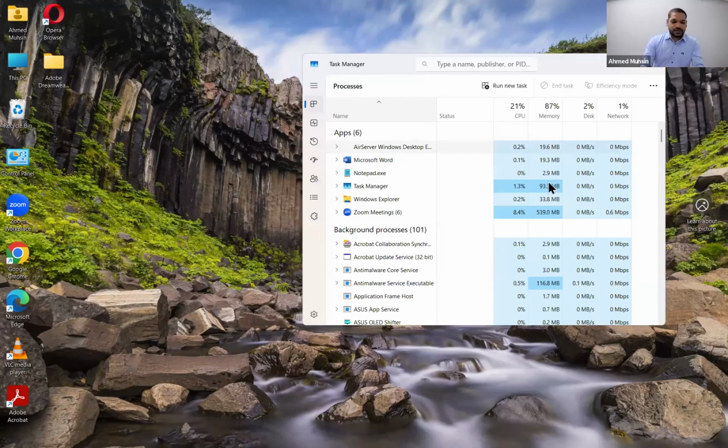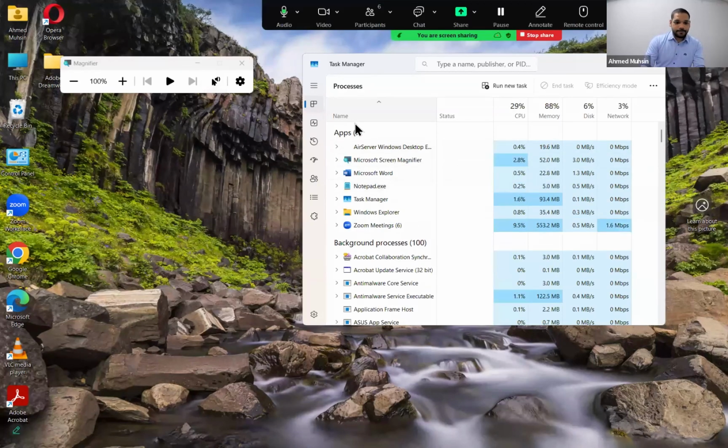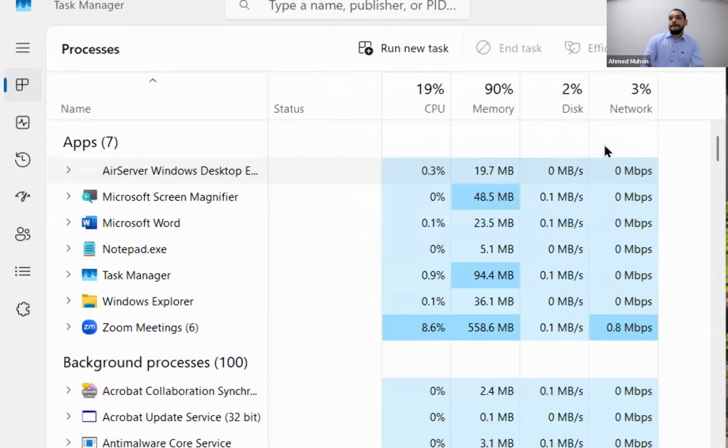Microsoft Word is taking, you guys can see this, right? Everyone look at this. Let me zoom in once more. You can see, for example, Zoom is taking up the most amount of space. So the RAM is responsible for holding programs that are currently opened.